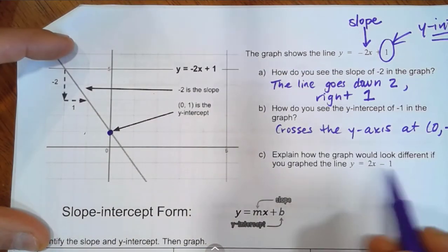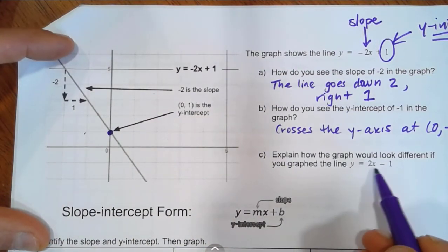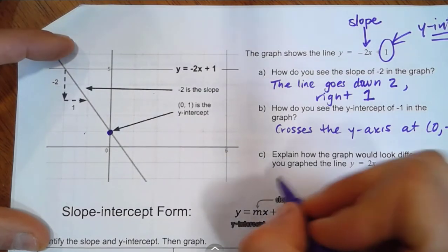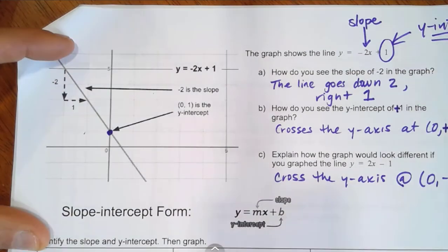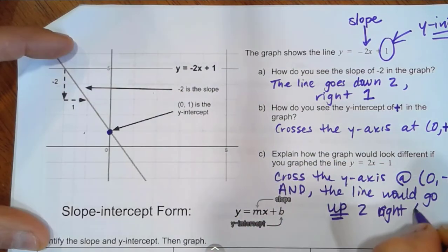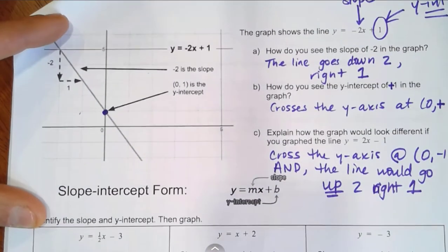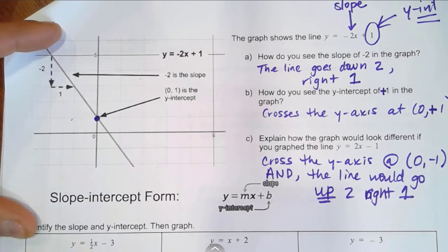Okay, how do you see the y-intercept of 1 on the graph? Well, how would it look different if we graphed 2x minus 1? It would cross the y-axis where? Oh, and this one should be plus 1. It would cross the y-axis at (0, -1), and instead of going down 2, right 1, we would go up. You can even go ahead and graph that on here to see how it would look different.